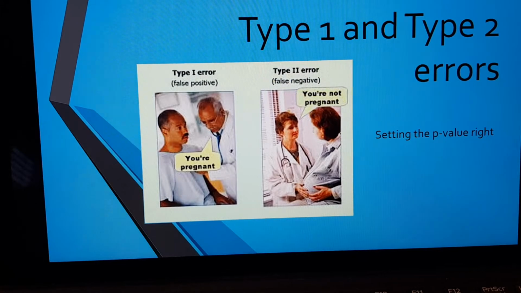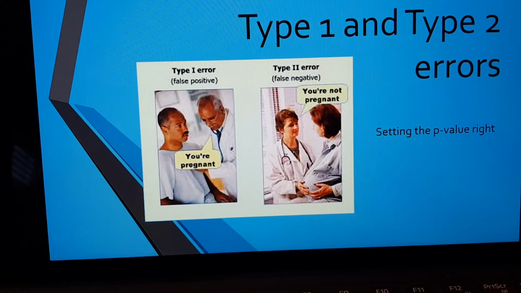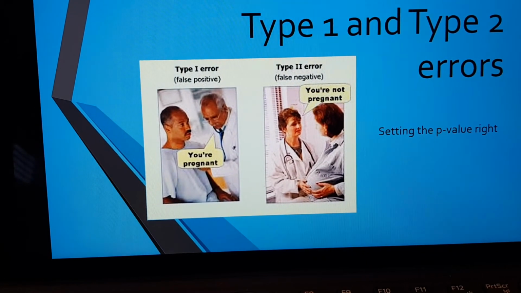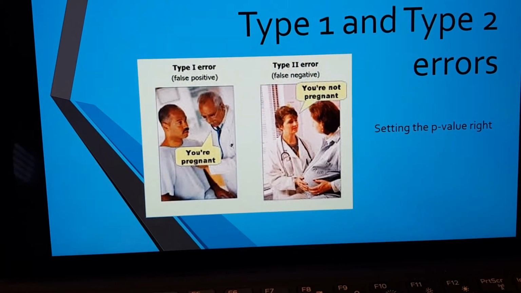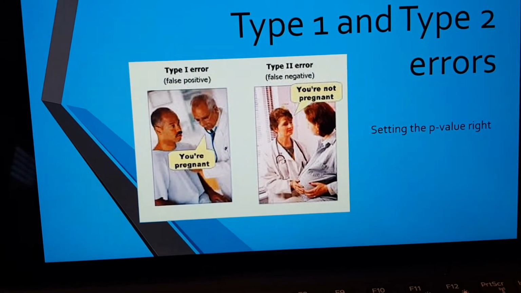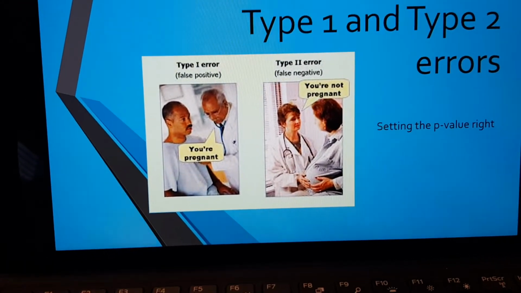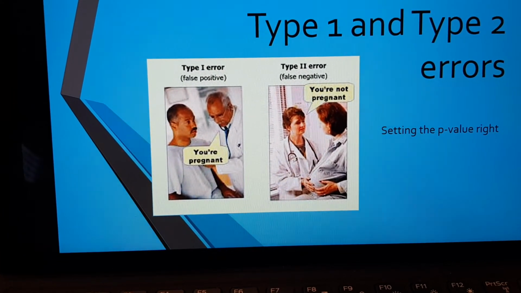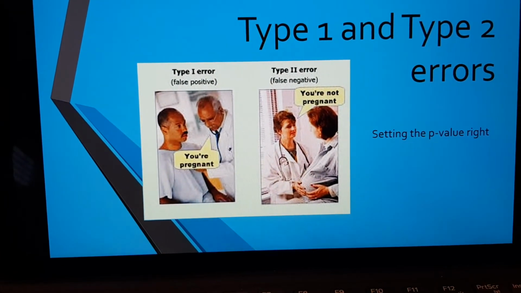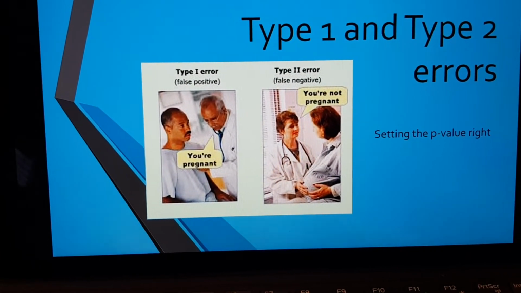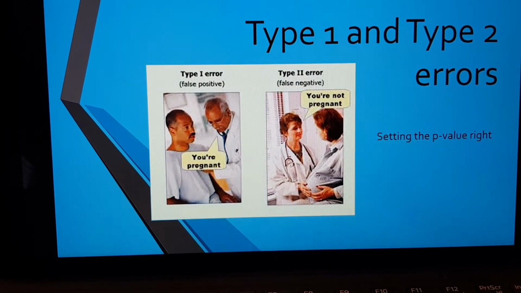It's a false negative. So you're denying the truth, in other words. As the picture demonstrates, you've got a woman who is clearly heavily pregnant being told that she's not pregnant. Okay, so think about those images, and that might give you a visual representation of what type 1 and type 2 errors are about.